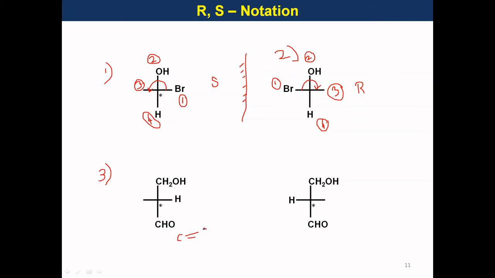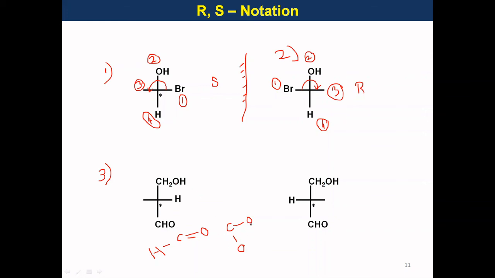In CHO, one side it is attached to hydrogen and another side it is attached to double bond O. If it is attached to double bond O, it means the carbon is attached to oxygen twice, so we have to imagine it like this. Comparing CH2OH and CHO, we have to give priority to CHO, not CH2OH, because CH2OH is attached to only one oxygen atom, whereas here it is attached to 2 oxygen atoms.